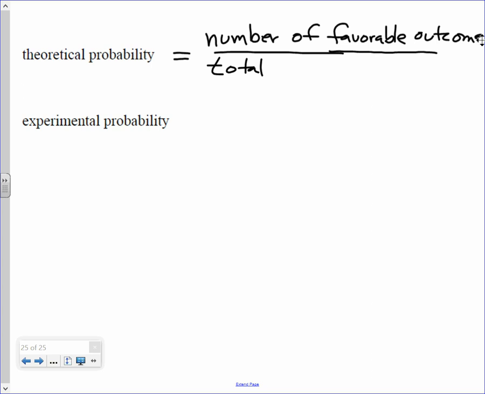Yeah, this is just a formula on this one. Theoretical probability, number of favorable outcomes over total number of outcomes.